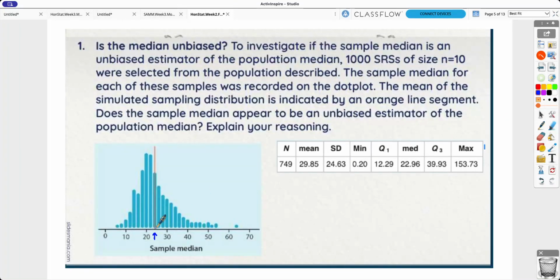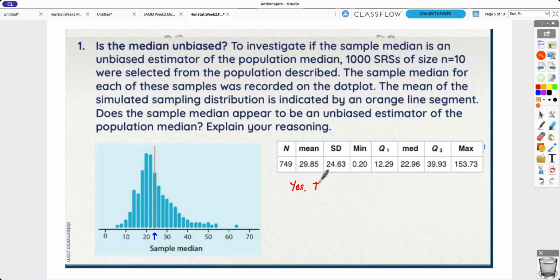So here is our mean. And the median of our population is 22.96. So this sample mean is very close to 22.96. So we say yes.